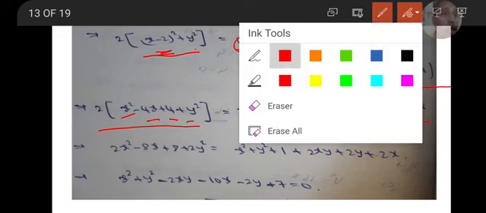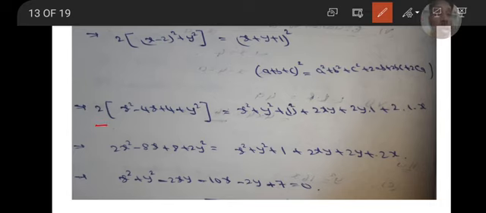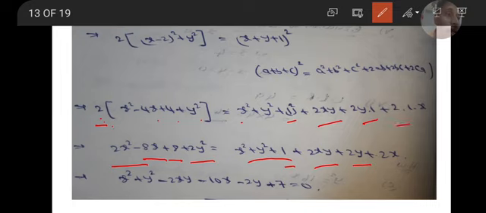So simplification: 2 into x square is 2x square, 2 into minus 4x is minus 8x, 2 into 4 is 8, 2 into y square, plus y square, 1 square means 1, 2xy plus 2y into 1 means 2y, 2 into 1 into x means 2x.